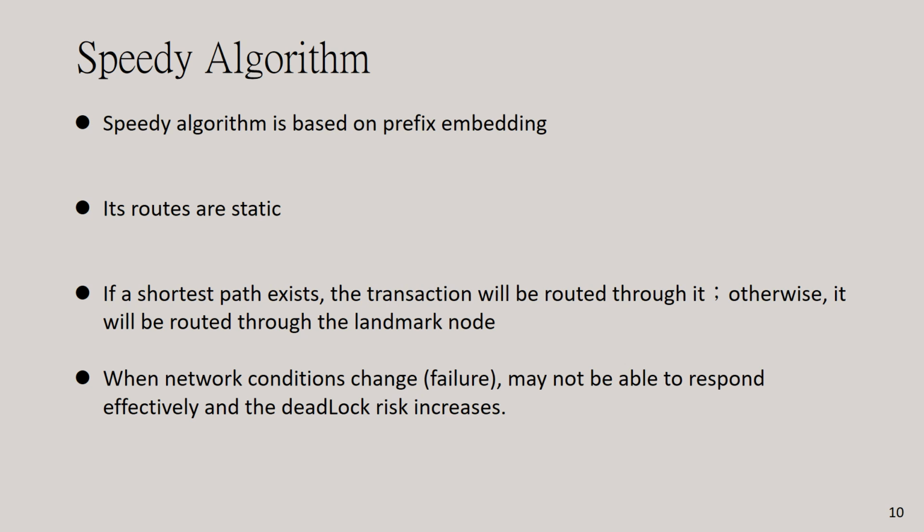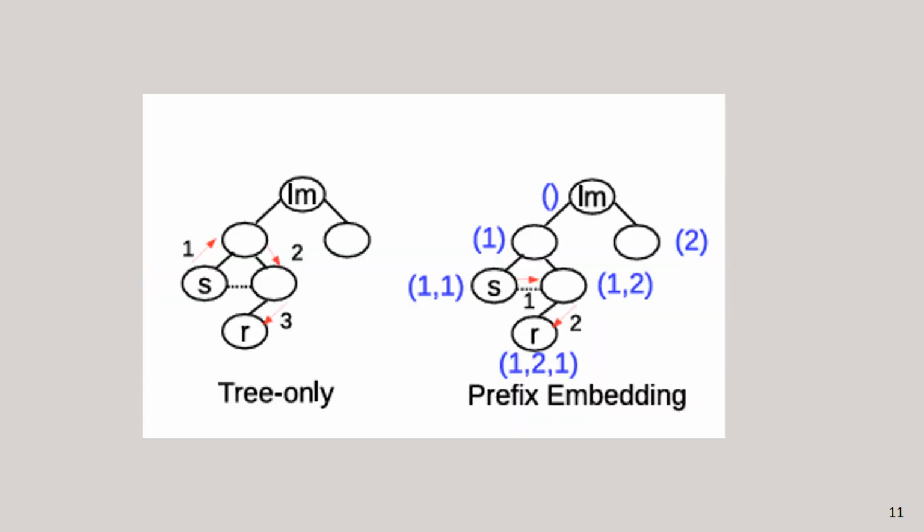Otherwise, the transaction will pass through a landmark node. Due to its static nature, when network conditions change, such as link saturation or failure, the SpeedyMurmurs algorithm may not be able to effectively adapt, increasing the risk of deadlock.